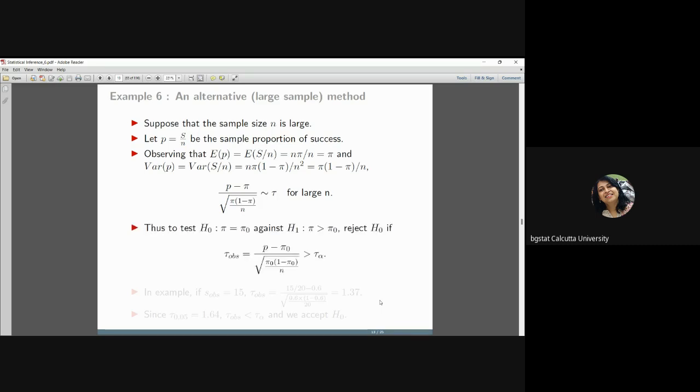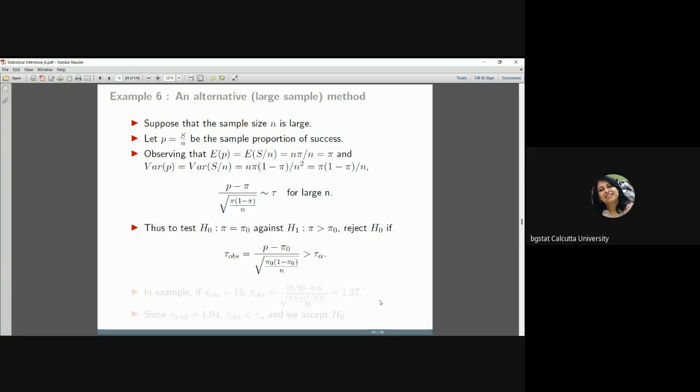It's possible to find the expected value of P, and show that it's equal to pi, and the variance of P, you can calculate using your expression for the variance of S for the binomial distribution, and it turns out to be pi times 1 minus pi divided by n. So if n is large, then according to a result which we call the central limit theorem, it's possible to show that this quantity, p minus pi divided by root over pi times 1 minus pi by n, follows a standard normal distribution for large n.